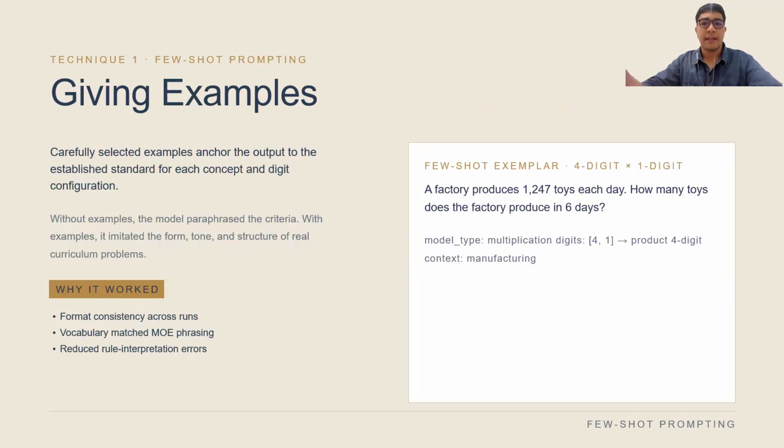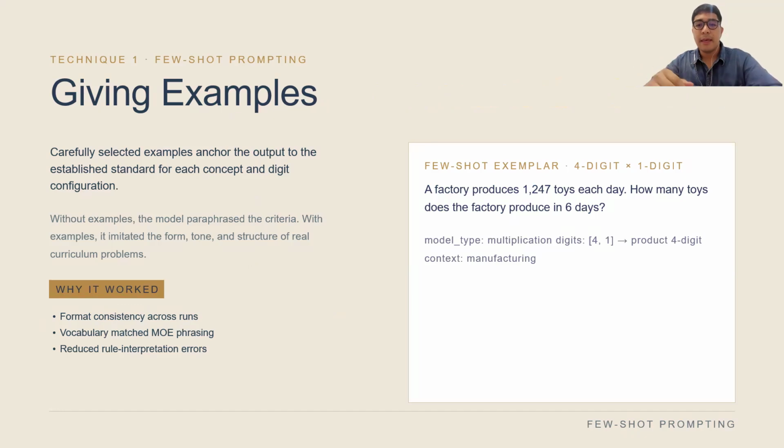So the first technique that I used is few-shot prompting. We gave the model a handful of carefully chosen example inputs alongside the expected math word problem to be generated. Without those examples, the model will not be able to differentiate between the model types.